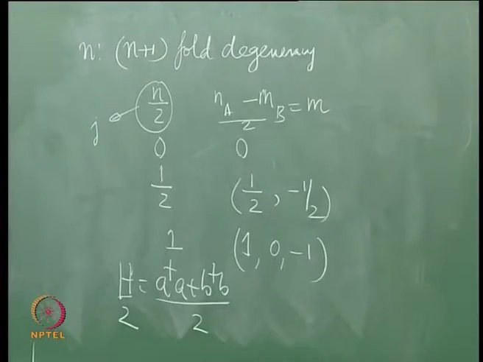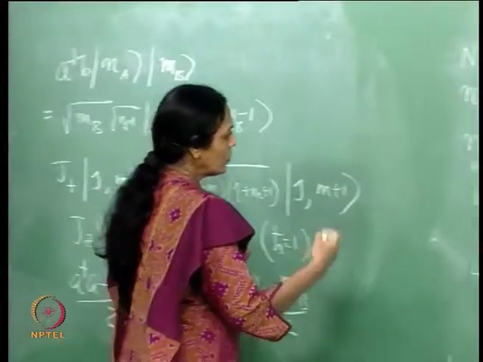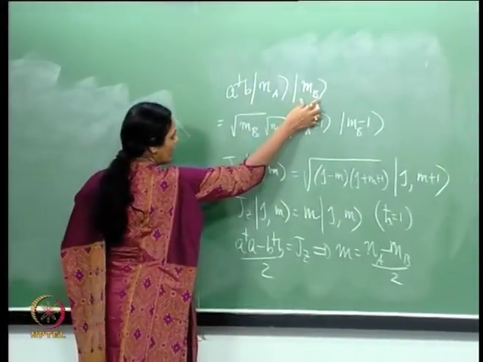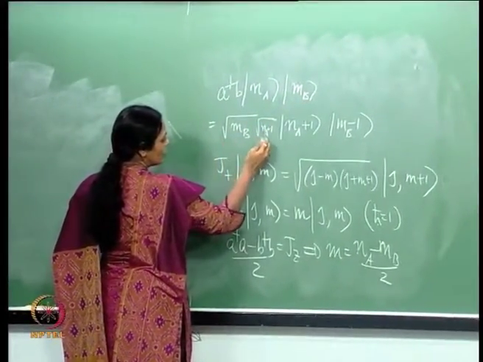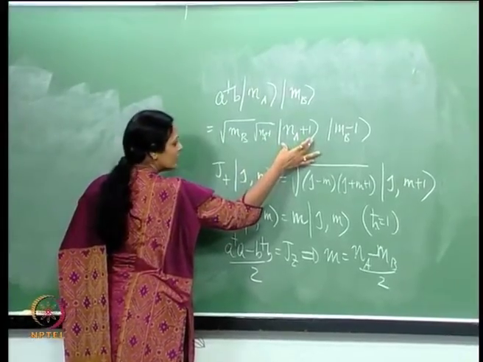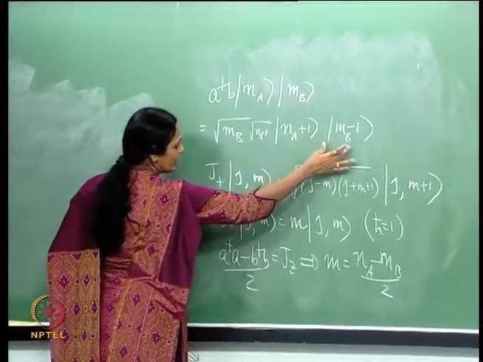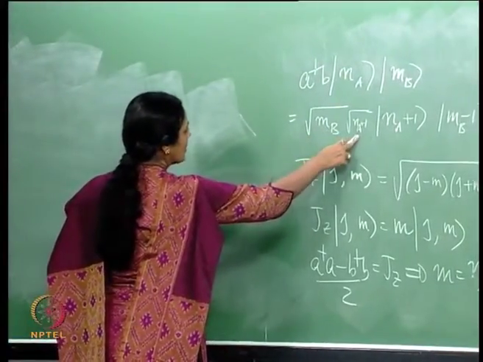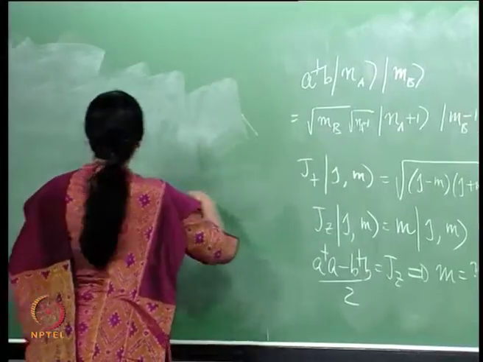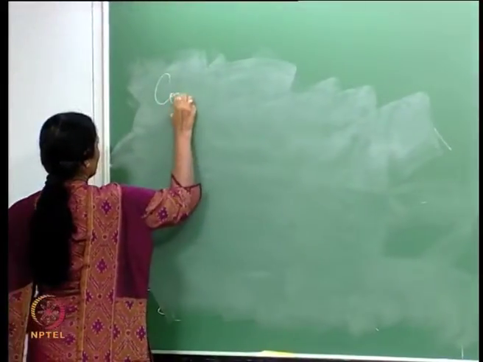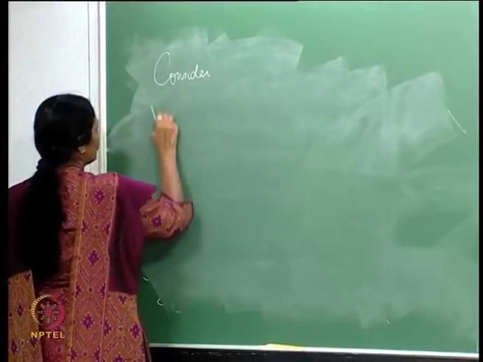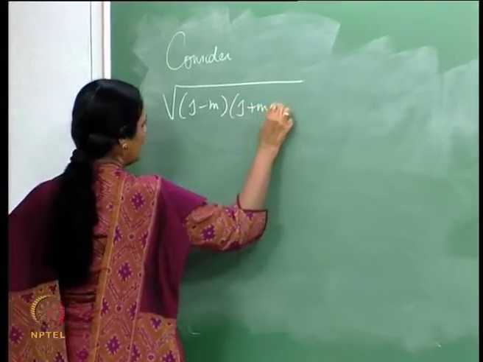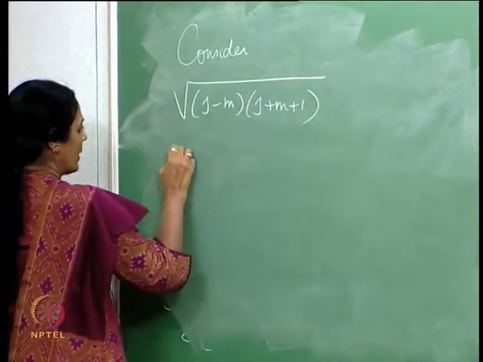So, now returning to our problem, we had a situation where A dagger B acted on NA MB to give root MB root NA plus 1, changing the state to ket NA plus 1, ket MB minus 1. So, let us look at what this is going to be. Consider root of j minus m into j plus m plus 1 and expand this in terms of NA and NB.